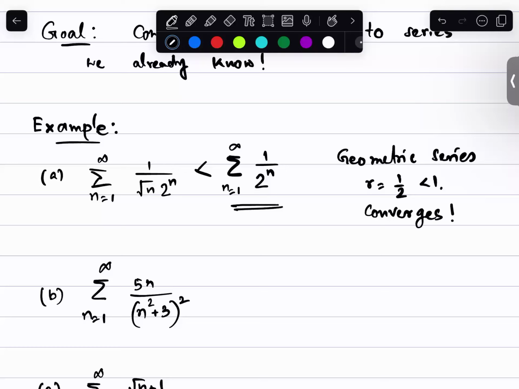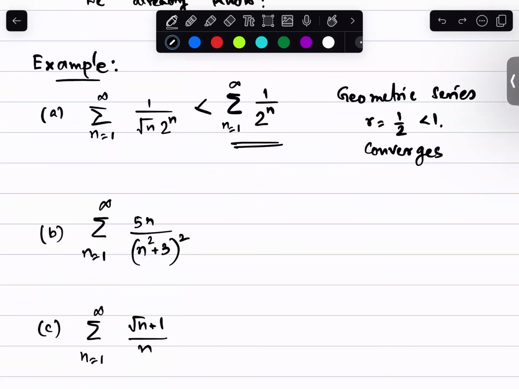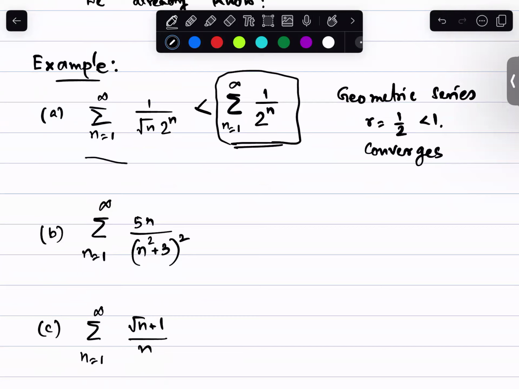So this converges. Okay, so we will see that we can infer the convergence of this series from the convergence of that using the comparison test. That will come later.